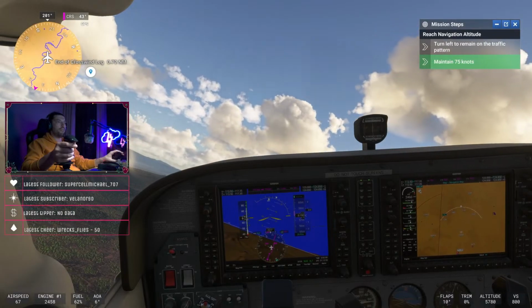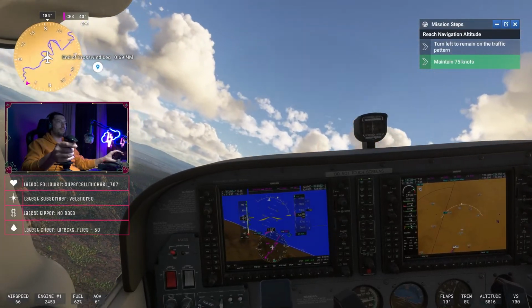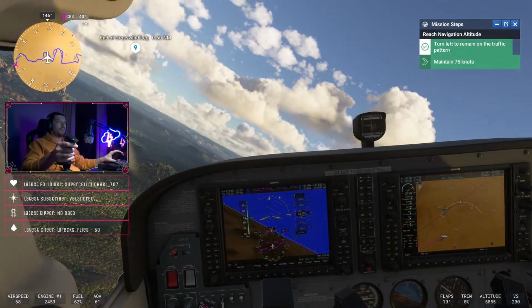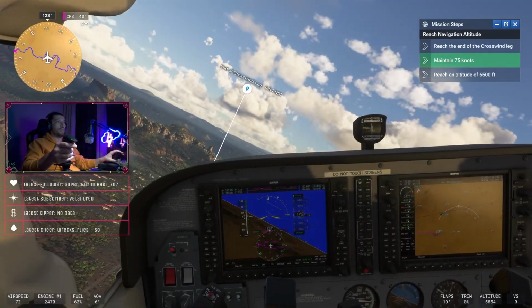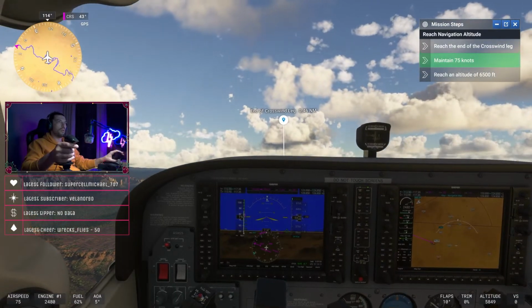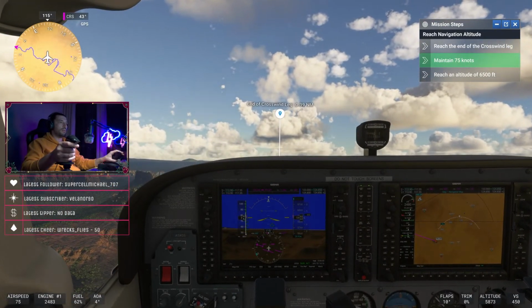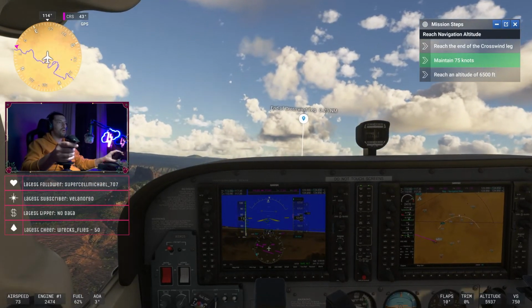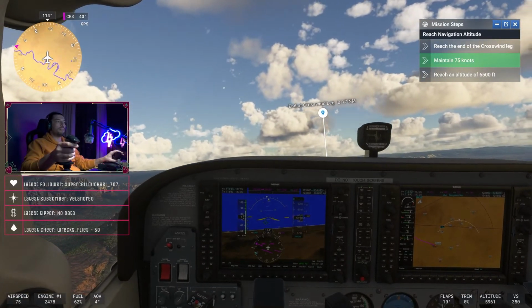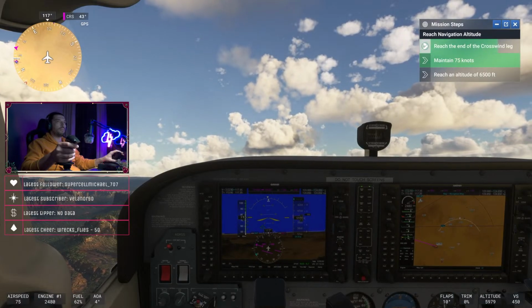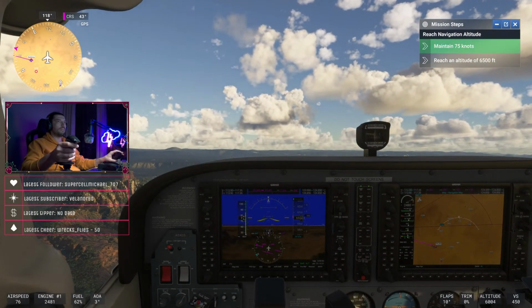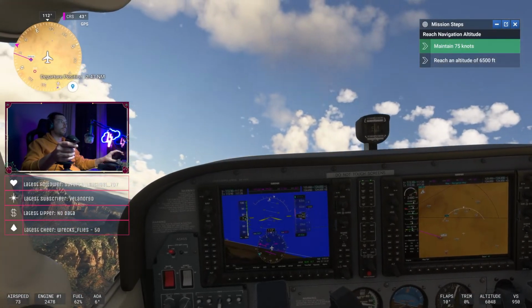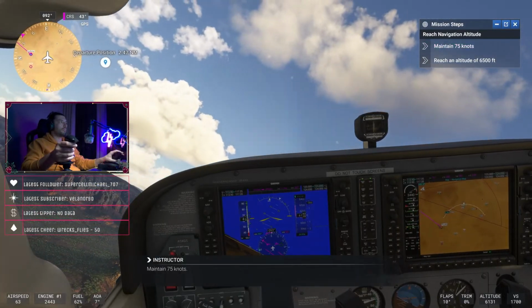All right, turning left. 20 degrees, am I right? All right. Maintain 75 knots.